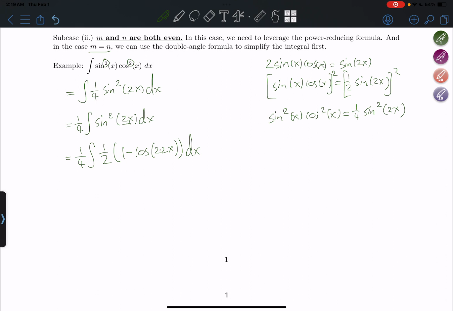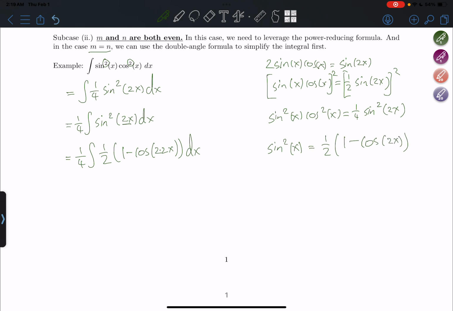dx. Okay, so again, the power reducing formula is on the chart here. Since we're here, sine square x equals 1/2 times 1 minus cosine 2x.